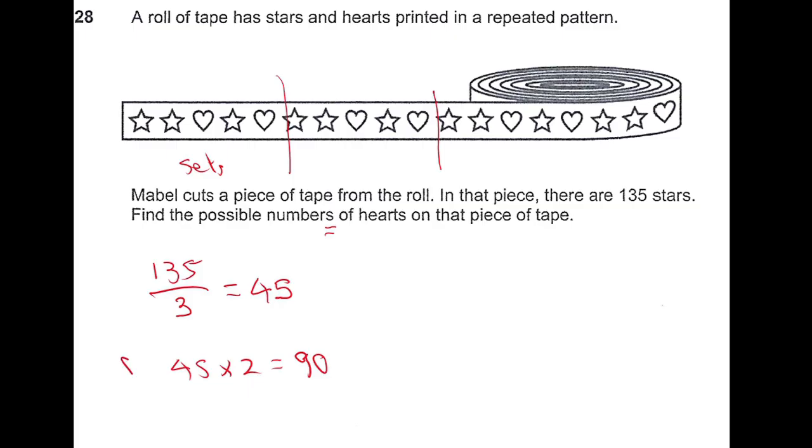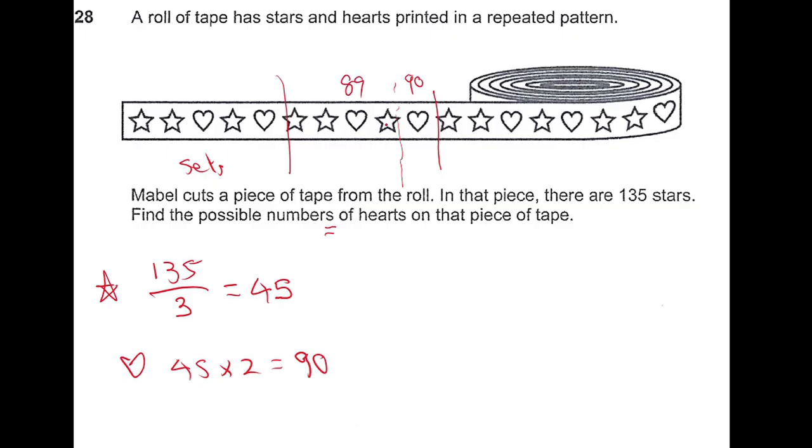So this is heart, this is star. One of the answers will be 90. Why do I say one of the answers? Because for the last set, we don't know where exactly Mabel cut. If she cut here, it'll be 90. But if she cut here, it'll be 89.